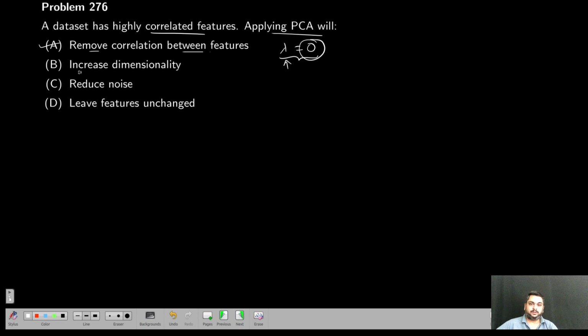So this is true. Increase dimensionality? No, it reduces dimensionality. Reduces noise? Yes, because the low variance components will be removed. Leave features unchanged? No, it will change the features because we are going for the covariance matrix.